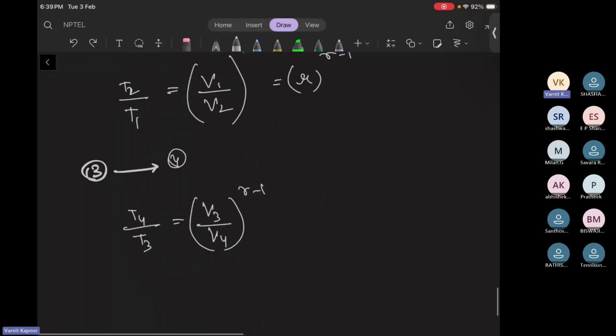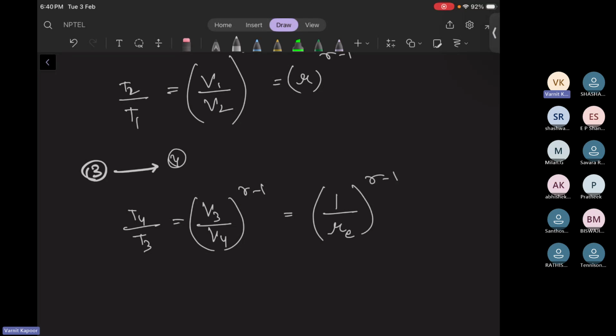So it will be V4 by V3, so it will be 1 by r, because we know that the ratio is always greater than 1. So V4 is higher than V3, so r will be in the denominator. When we are seeing an expansion process, we just write a subscript E. When we say compression process, we don't write any subscript with the r. But for an expansion process, or isothermal or any other process, we have to write the subscript for that. So you will see r_e to the power of gamma minus 1.